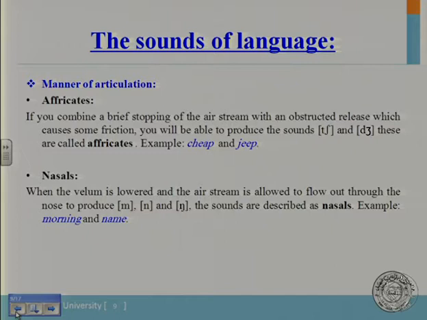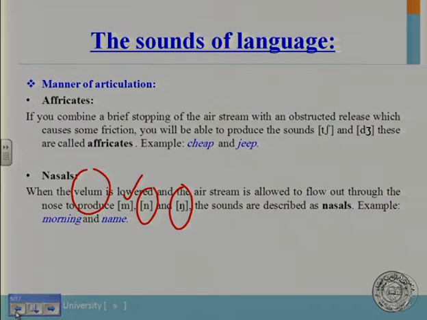We have m, we have n, and the last one as in ng, as in bang. Now these sounds are described as nasals. Why? Because they are produced through the nasal cavity with the help of the velum, which is lowered, and the air stream is allowed to flow out through the nose.